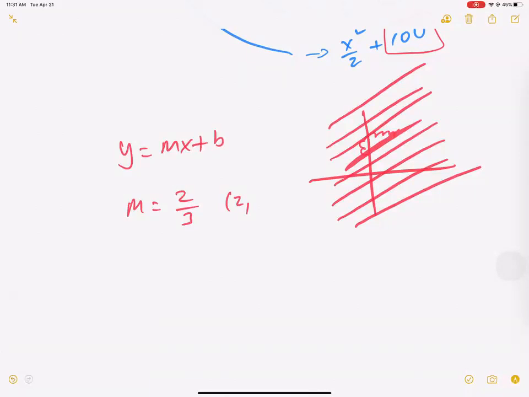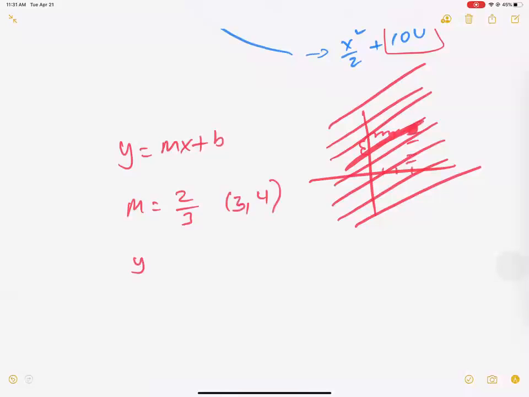Let's see, x is 3, 4. Yeah, 3, 4. So if I pick 1, 2, 3, 1, 2, 3, 4, something right there, that is the line we're going to pick.